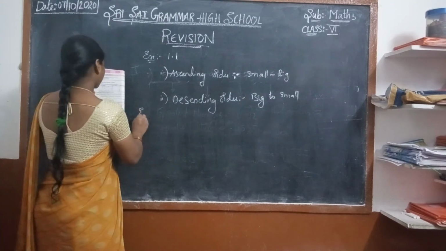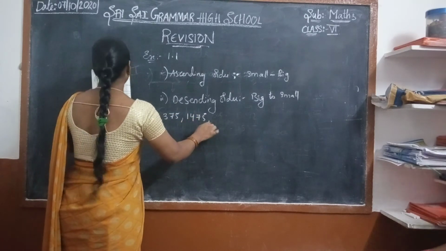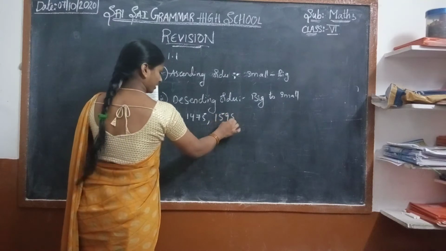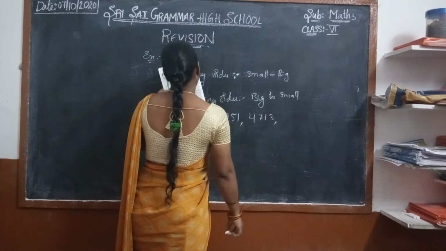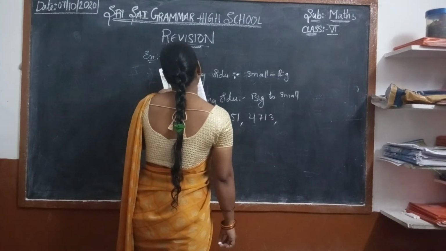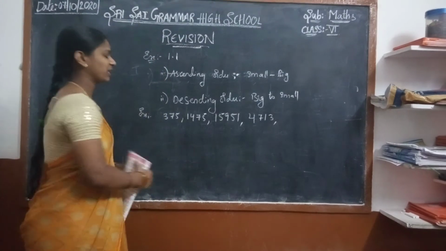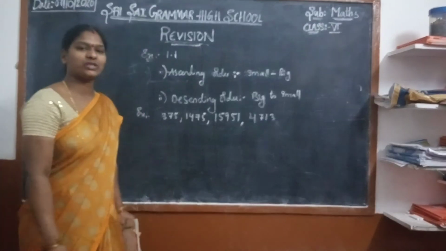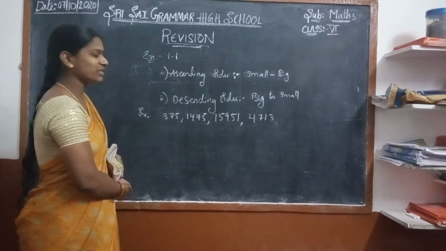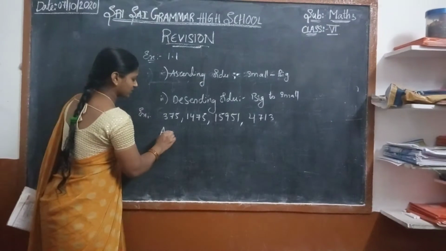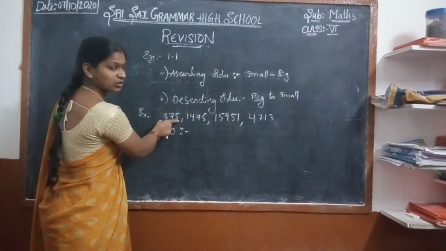See the example: 375, 1475, 15951, 4713. These are the numbers I have taken, and from these I am going to write the ascending and descending order. Ascending is small to big. Follow the digits now.